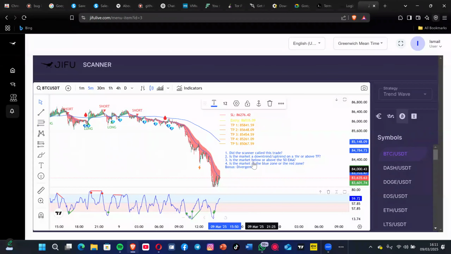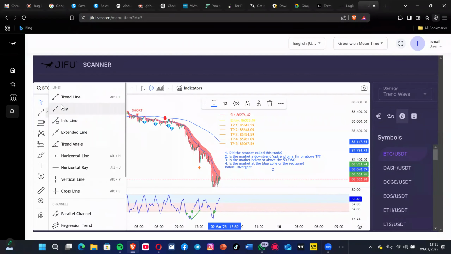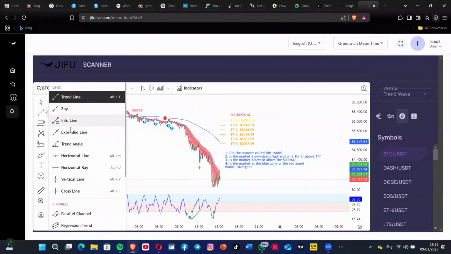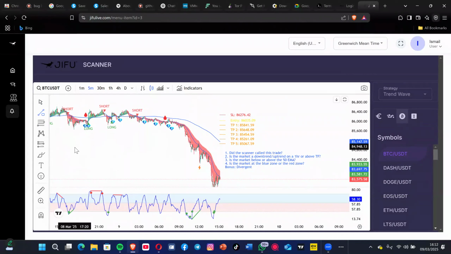So what do you look out for in the divergent? If you bring your cursor to this part, where this line is, you see the divergent is going downwards. When it goes downward, it means the market is upward. Let me use the info line so you understand.